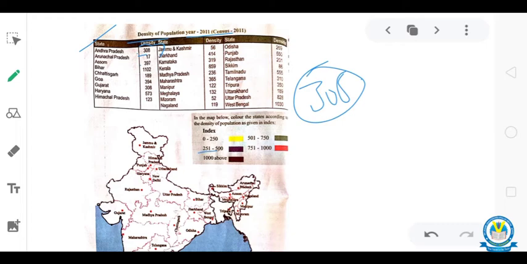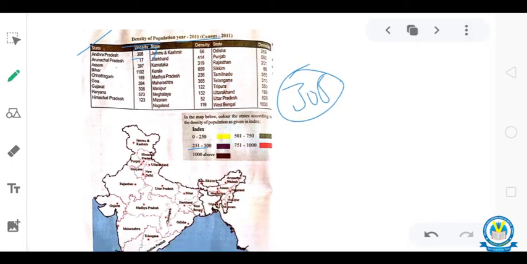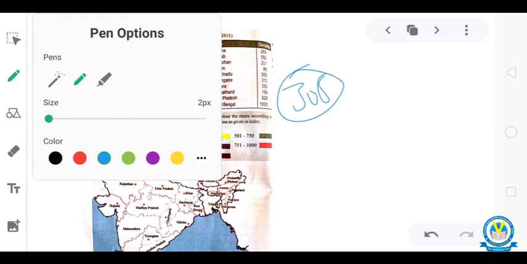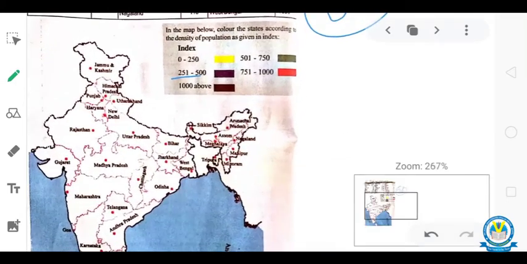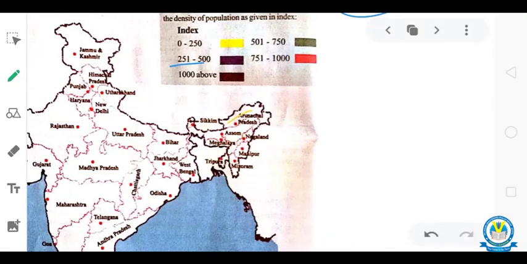So it denotes, I think, brown color. Suppose Arunachal Pradesh is 17, so it is 0 to 250, so I can use yellow color for Arunachal Pradesh. Okay, clear?